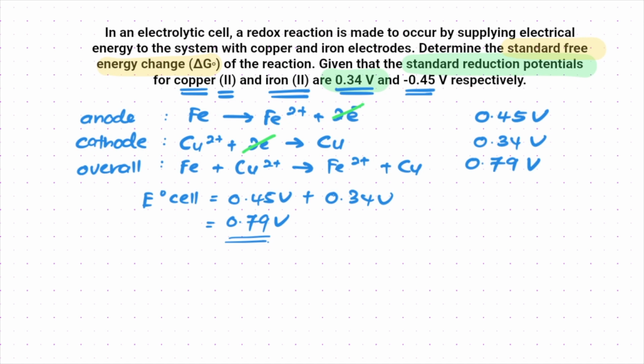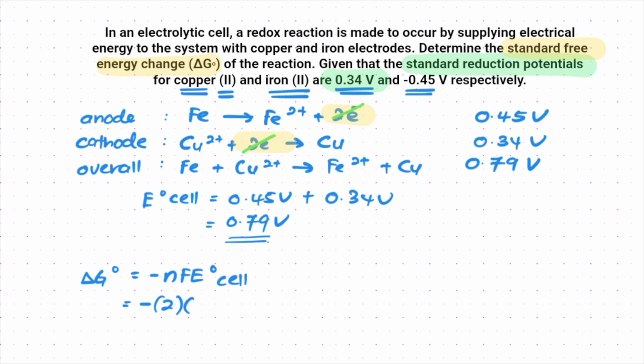So the delta G is equivalent to negative NF times E cell. Your N is actually the number of electrons. So we have 2 electrons, so your N is equivalent to 2. What is F?